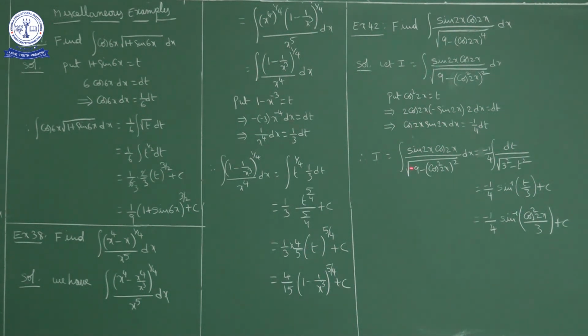So this given integral reduces to minus 1 by 4 integral dt upon square root of 3 square minus t square. Okay, this formula gives sin inverse of t by 3. So minus 1 by 4 into sin inverse of t by 3 plus c. But what is t? T is cos square 2x, no? So final answer is minus 1 by 4 sin inverse of cos square 2x by 3 plus c.